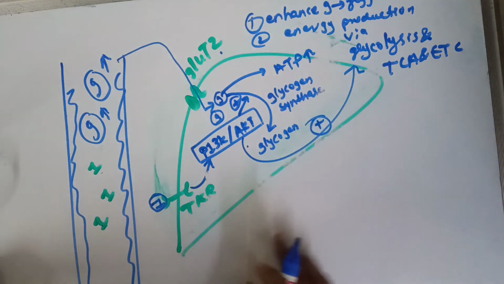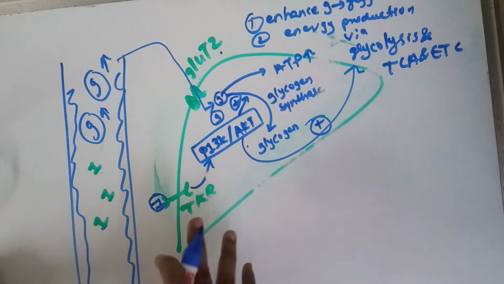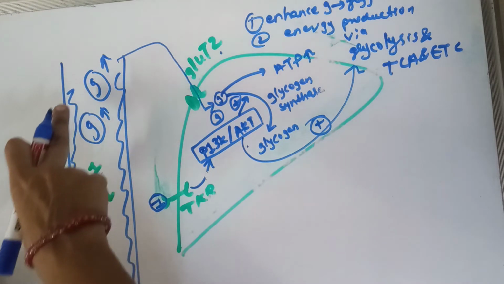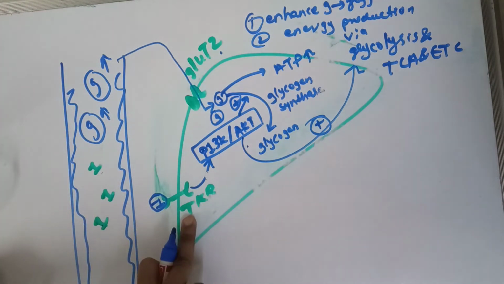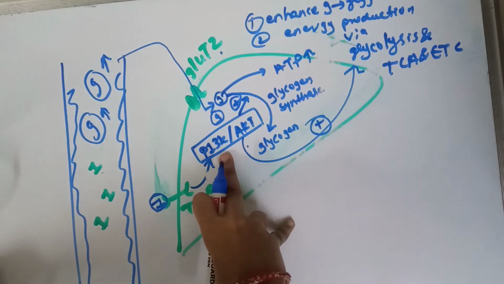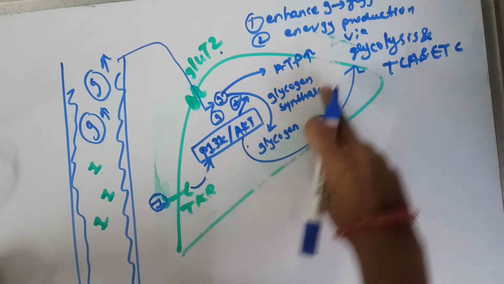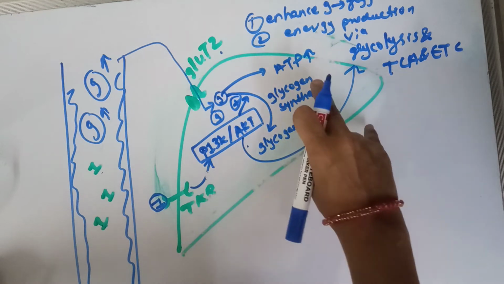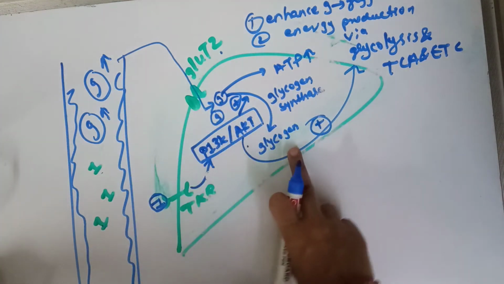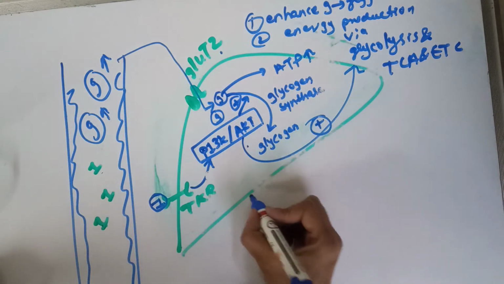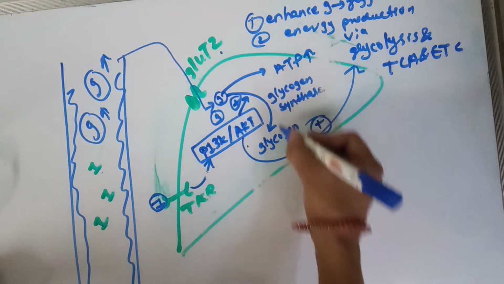So in short we can say, when there is high glucose concentration, it releases insulin, and insulin comes and activates the tyrosine kinase receptor, which activates your secondary messenger enzymes PI3K AKT, which stimulate the glycogen synthase enzyme. Because of this, much more glucose is converted into glycogen. What is the significance of this step?